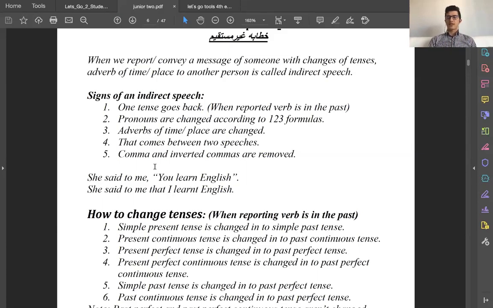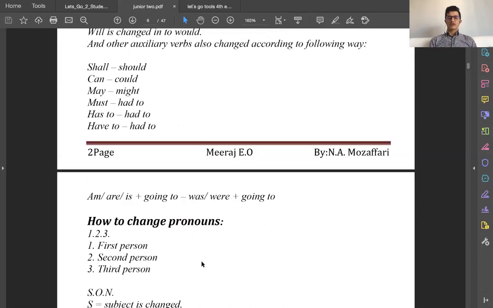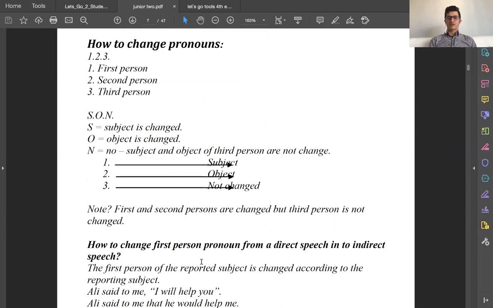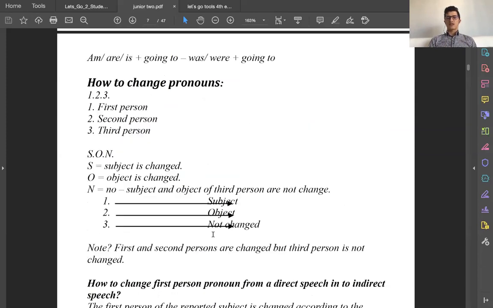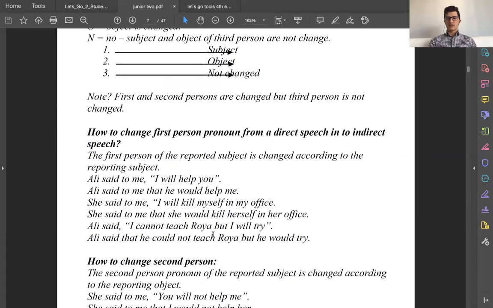And also adverbs of time and adverbs of place change, the ones that come between the reporting speech and the reported speech, and the inverted commas are removed. And also we have studied how to change the pronouns according to the 1, 2, 3, and SON formula. Today we're going to go into the details of that, so we'll see how this formula works.